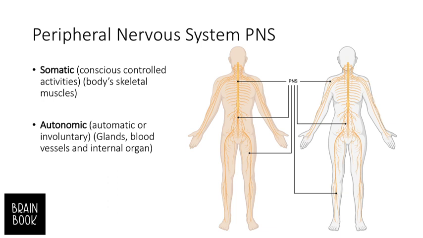Totally, the peripheral nervous system is divided into two groups: somatic and autonomic.